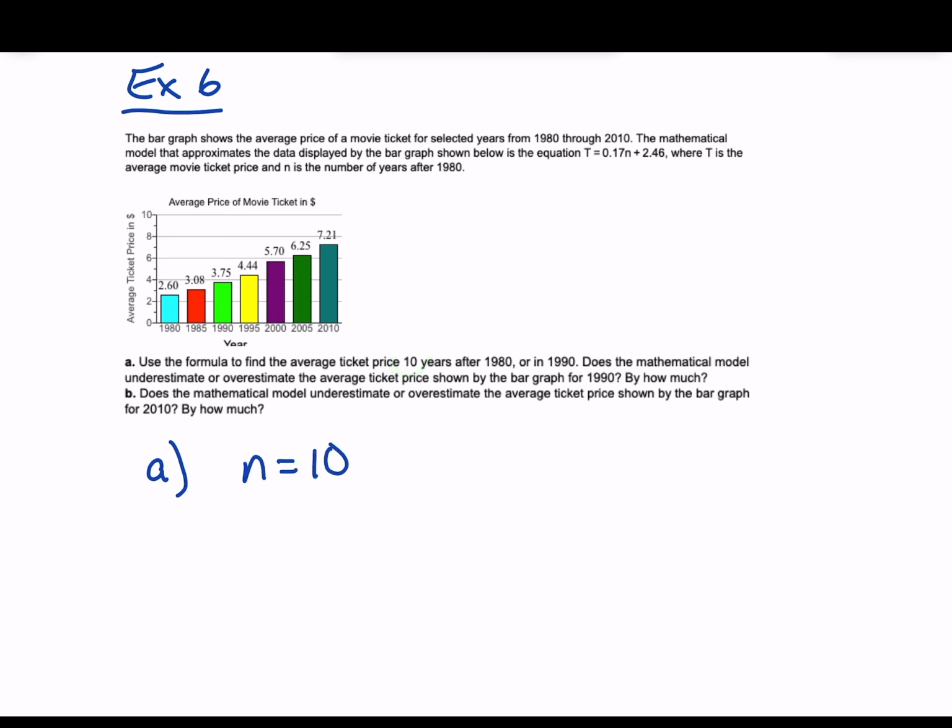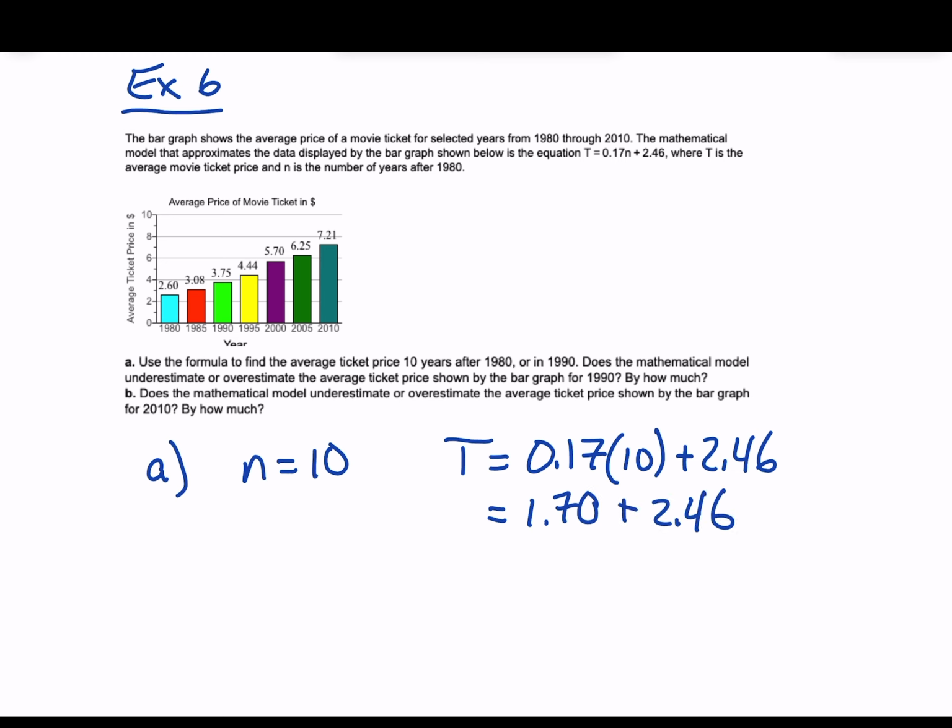So n equals 10. So t, the ticket price, is equal to 0.17 n, which is 10, plus 2.46. We can evaluate that. That's 0.17 times 10, which is 1.70, plus 2.46.